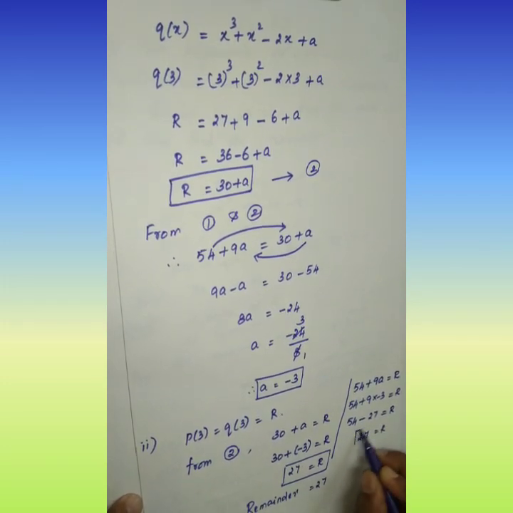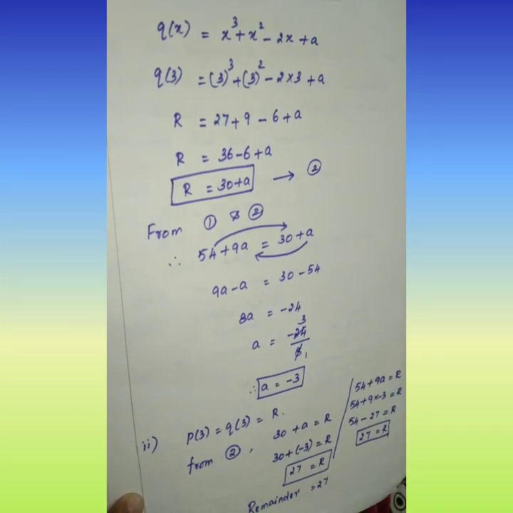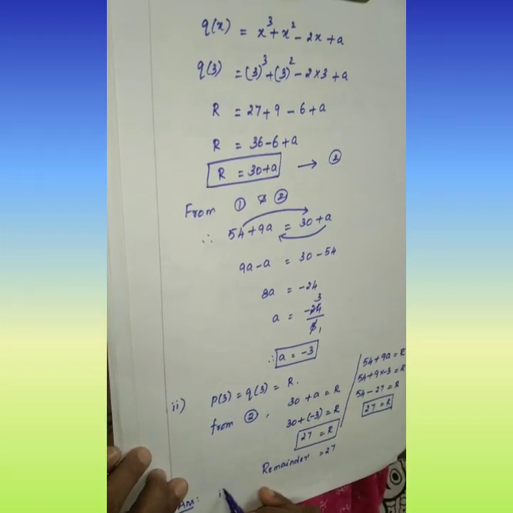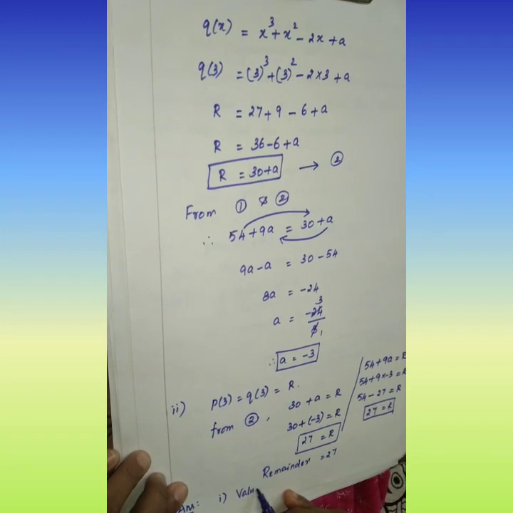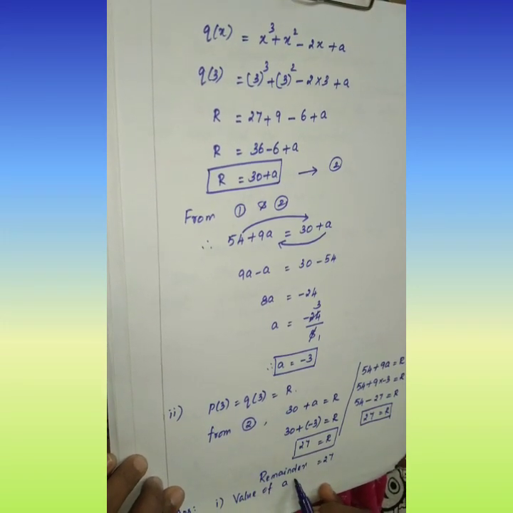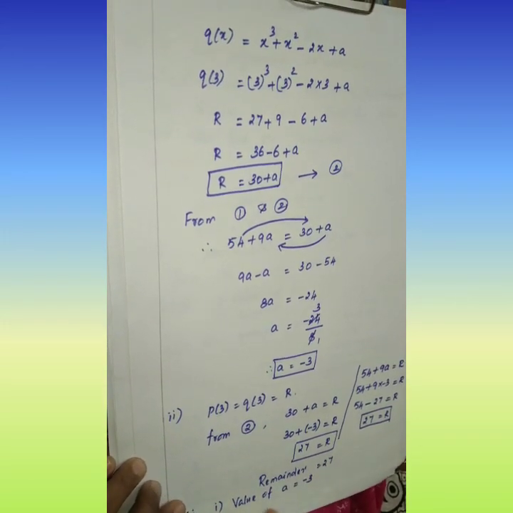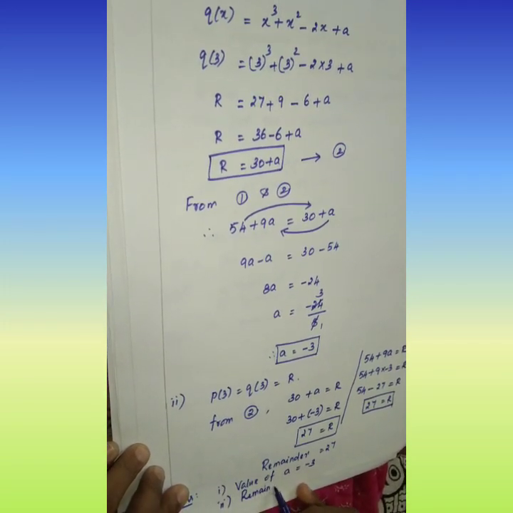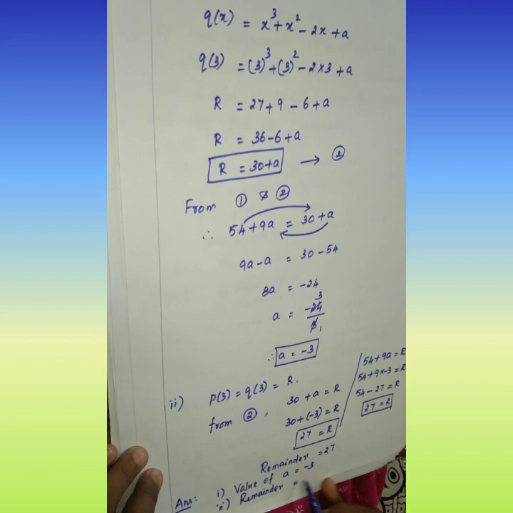So remainder will get the same. Therefore answer is value of a is minus 3 and the remainder is 27.